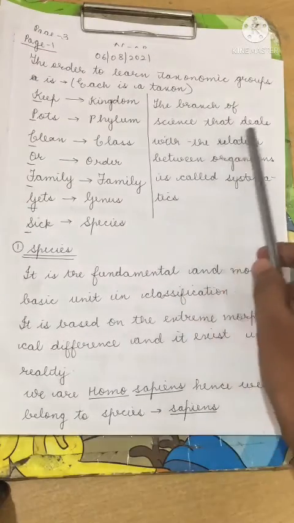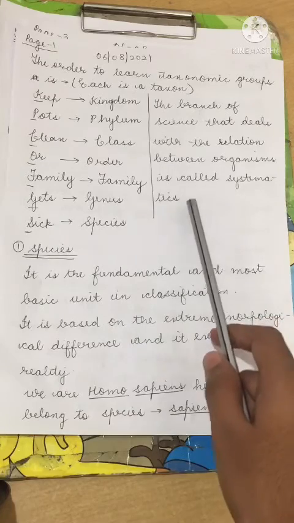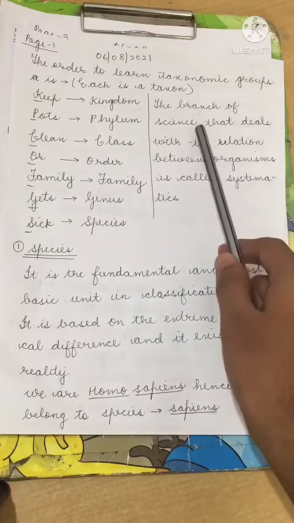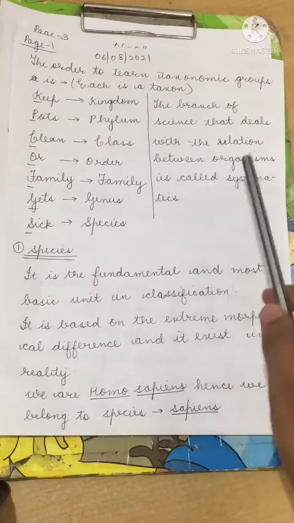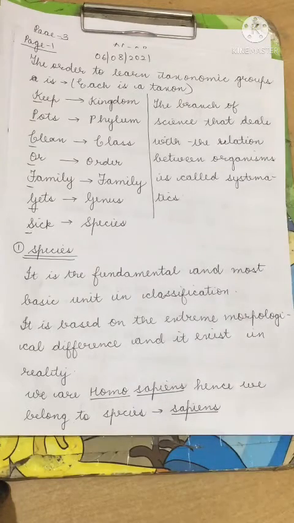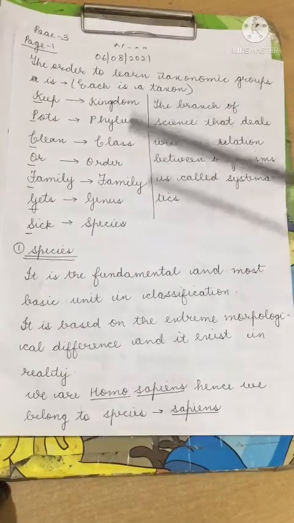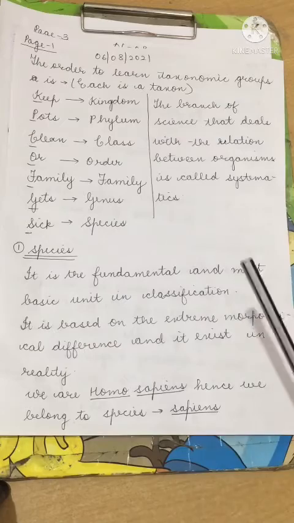The first letter you need to remember. The branch of science that deals with the relationship between the organisms is called systematics. It is that branch of science where we deal with various taxons and the relationships between them. Systematics has all of these components, and now we are discussing them each in detail.